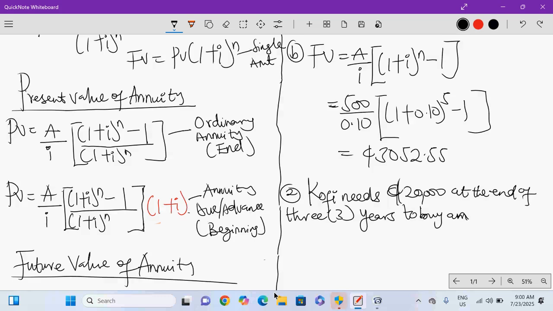Kofi needs 20,000 cedis at the end of 3 years to buy an iPhone.